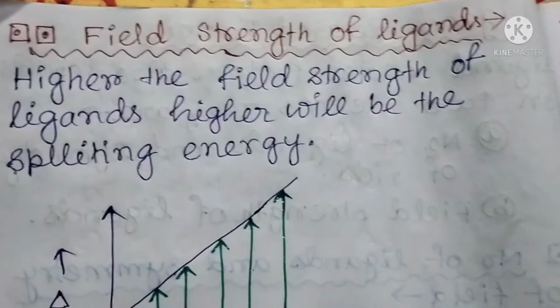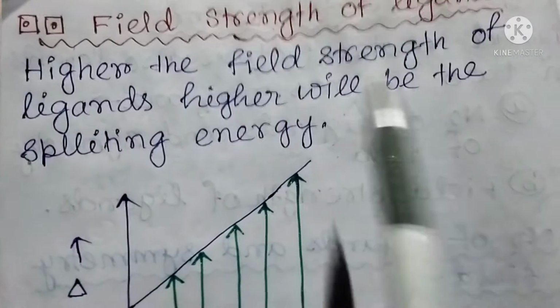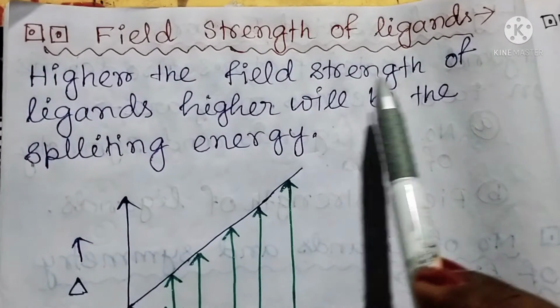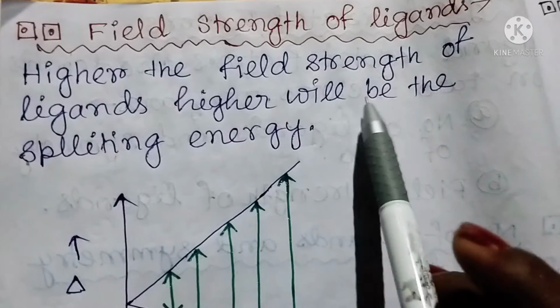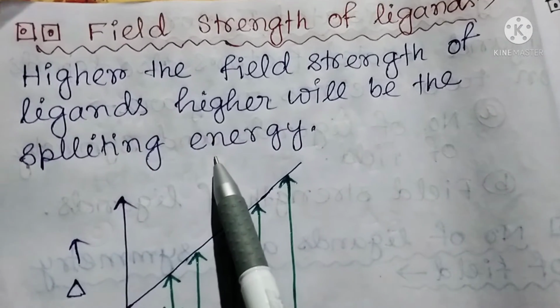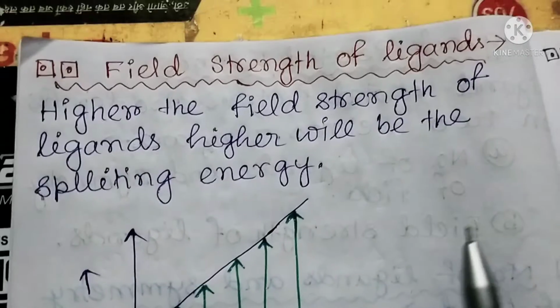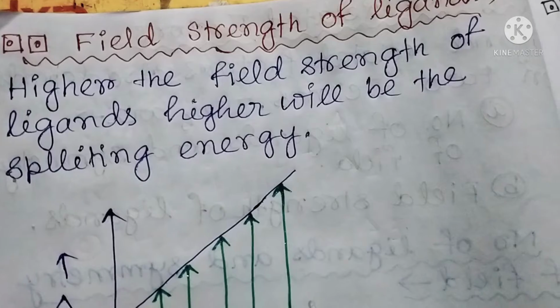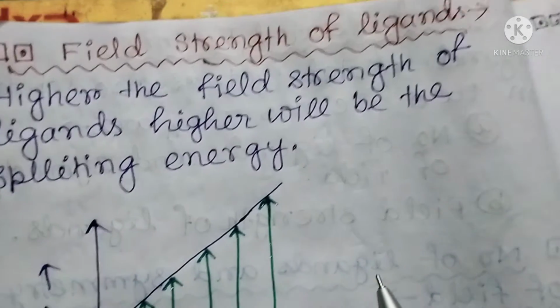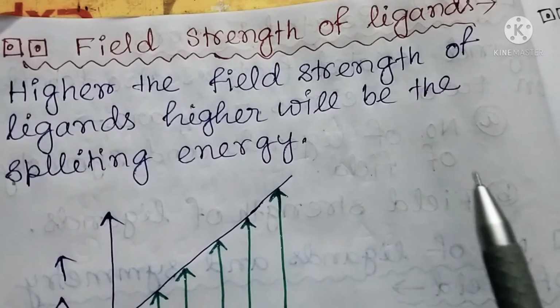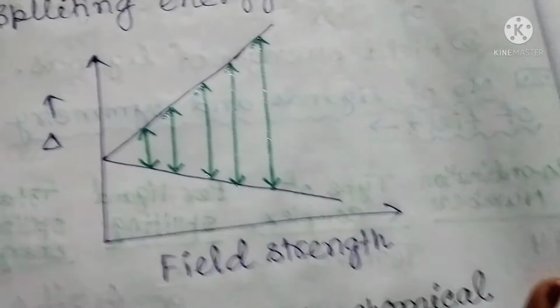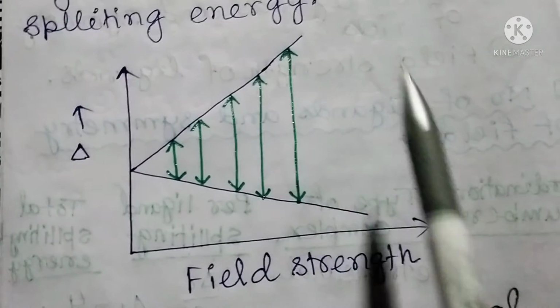Now we discuss field strength of ligands. Higher the field strength of ligands, higher will be the splitting energy. That means field strength of ligands and splitting energy are directly proportional. Let's draw a graph here.